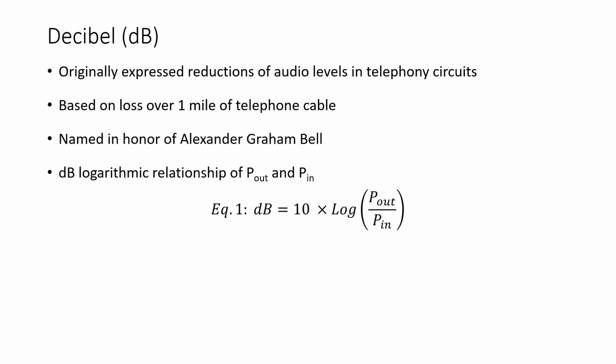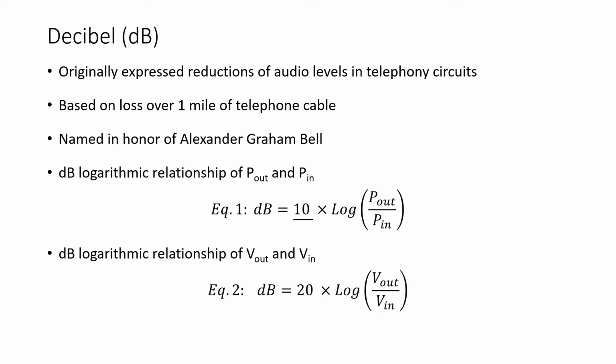And of course, the multiplication factor of 10 here is why this is called a decibel. Now, the decibel can also express the logarithmic relationship of V in and V out. So equation 2 shows us that the decibel equals 20 times the log of V out over V in.